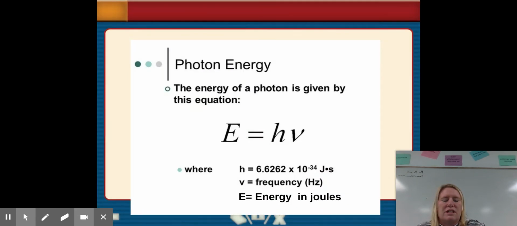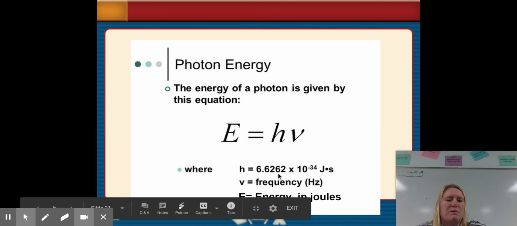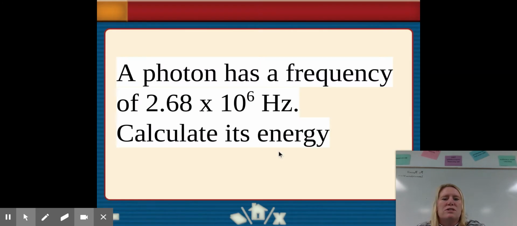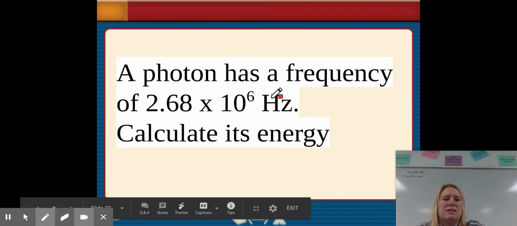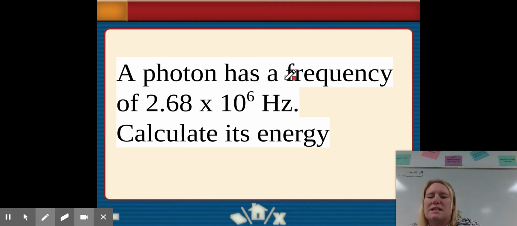So let's take a look at this. Here we have a rounded number: we're going to round Planck's constant to 6.63 times 10 to the negative 34. Let's look at this example: we have a frequency of 2.68 times 10 to the 6th.